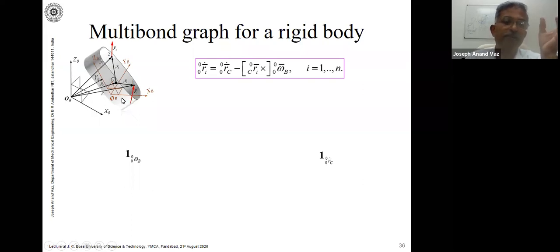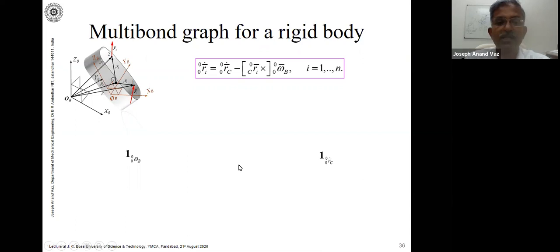There is a frame B, which is fixed on this body. As the body changes its orientation with the angular velocity omega b with respect to the frame 0, its orientation with respect to the frame 0 changes, and the rate at which that takes place is omega. So you have these two junctions.